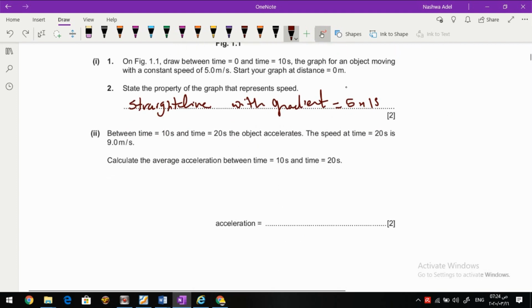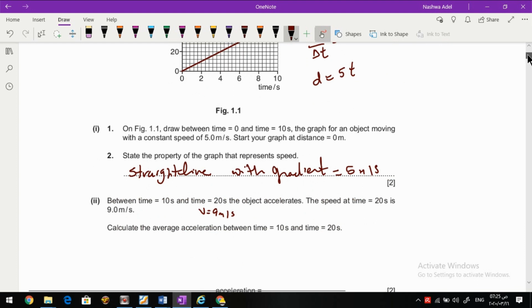Next point, between time equal 10 seconds and time equal 20 seconds, the object accelerates. The speed at time t equals 20 seconds is 9 meters per second. Calculate the average acceleration. So I have the speed at t equals 20, which is v equal 9 meters per second. And we need to find the speed at 10.